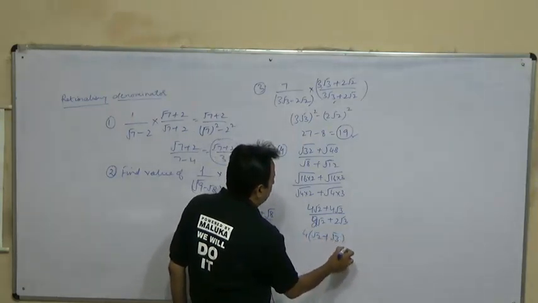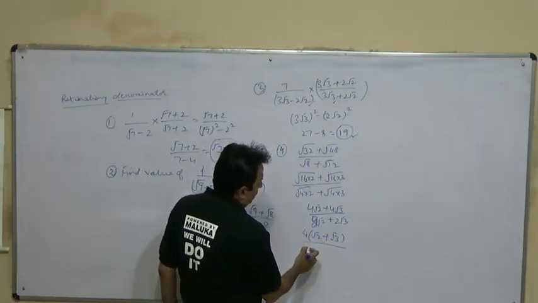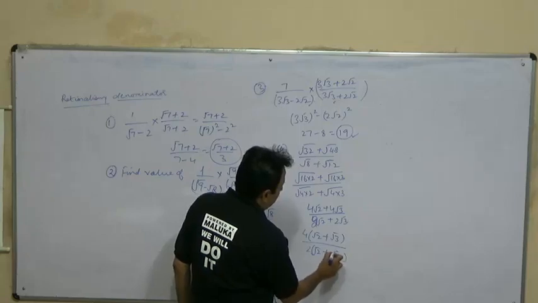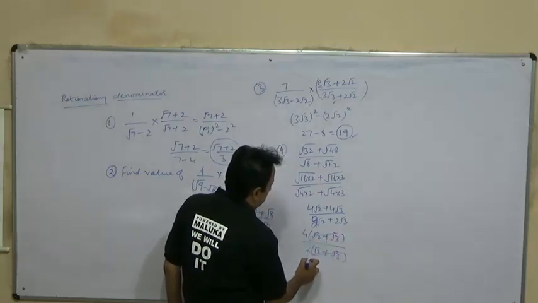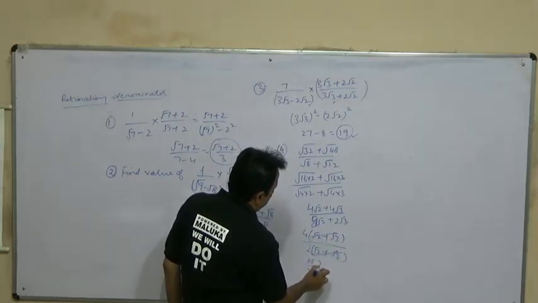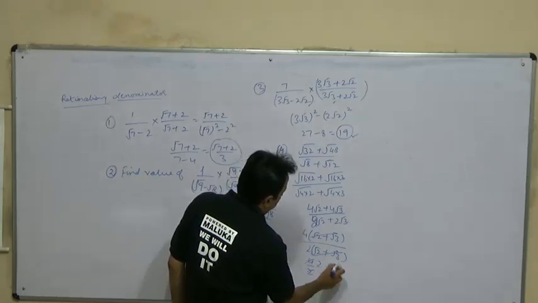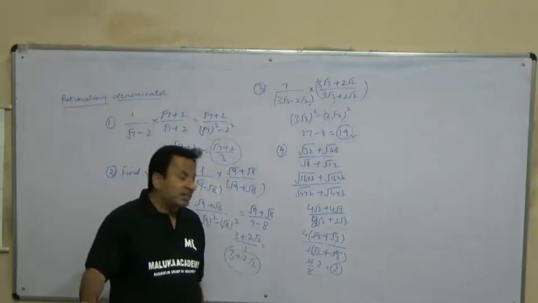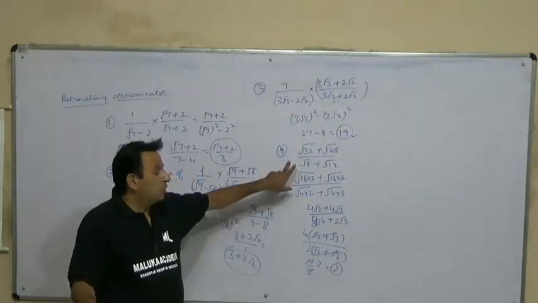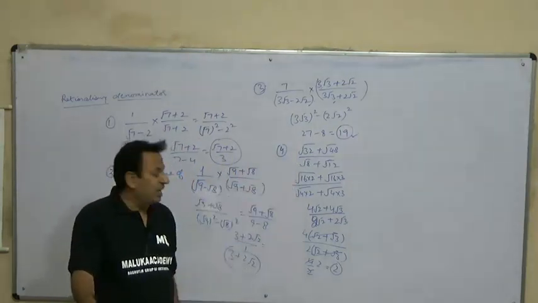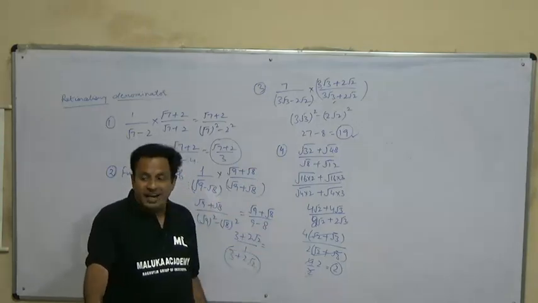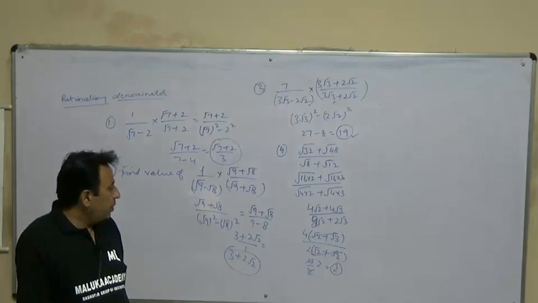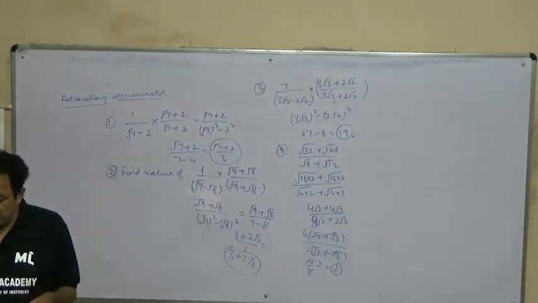We get 4 into root 2 plus root 3 upon 2 into root 2 plus root 3, and these two cancel out. This comes to be 4 by 2, which is 2. So the answer is 2. If someone asks in competitive exams whether this number is rational or irrational, it seems to be irrational, but actually this is a rational number, as we can put it in the form of p upon q.